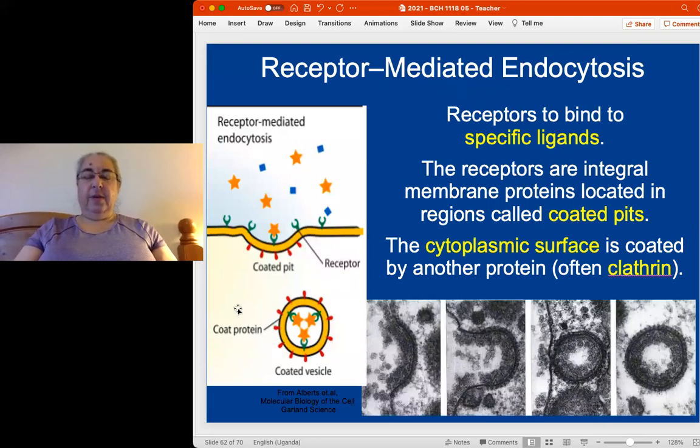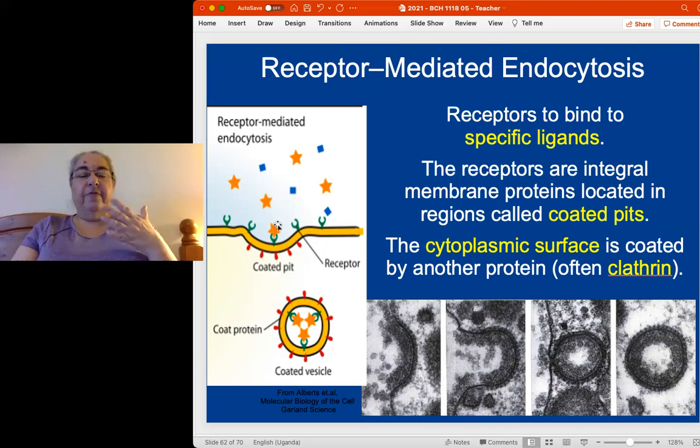The third thing I want to tell you about is receptor-mediated endocytosis. So here, the same thing is happening, but the cell is being very selective about what it brings into the cell. So here we have receptors on the outside of the cell, which are detecting the presence outside the cell of a particular molecule, shown as these yellow stars, a molecule that the cell wants.